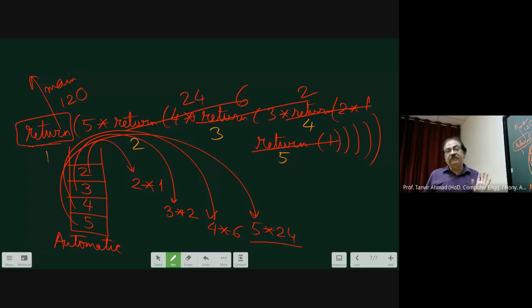Therefore, I told you in the very earlier classes that only those languages which have a facility to maintain the stack support recursion. You can do it in C or C++, but if you know other languages like Fortran or BASIC, you cannot implement recursion because those languages do not support the maintenance of the stack.